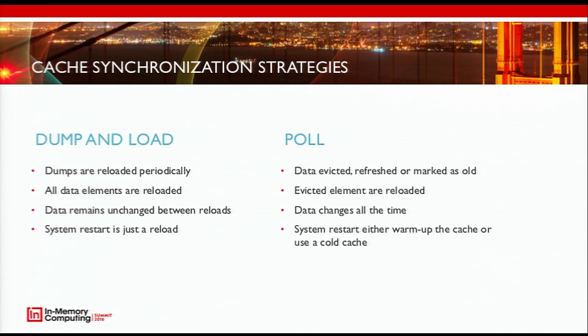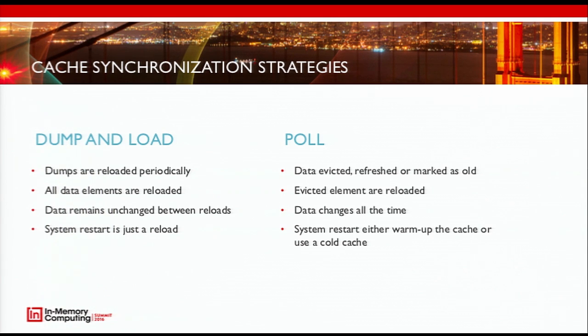Typically, you do this at 9 a.m. in the night. So you load everything you have, you structure it, and then you have it the entire day. And then the next day, you reload it again, start all over. And if you have to restart the system, you just reload. Then you're back again.